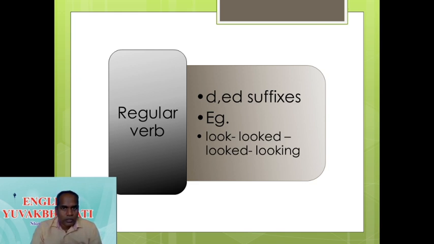Those verbs which have d or ed forms are called regular verbs. For example, look, looked, looking. Like cook, cooked, cooked and cooking.